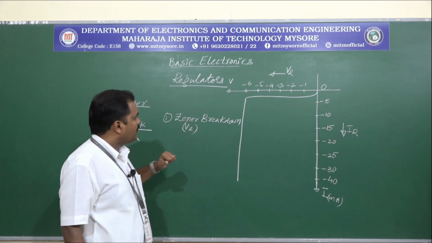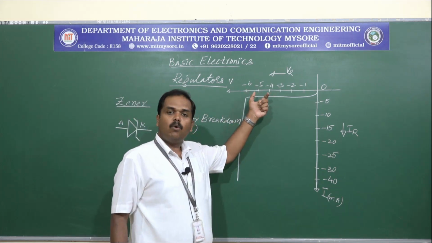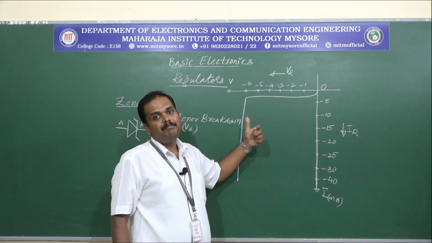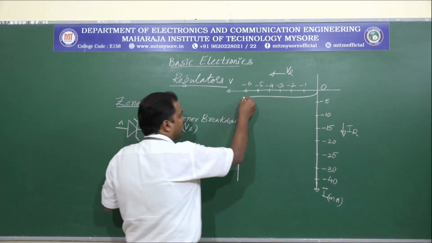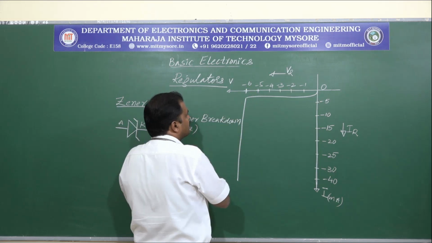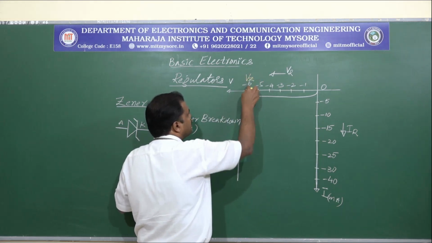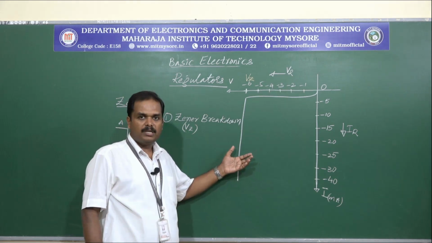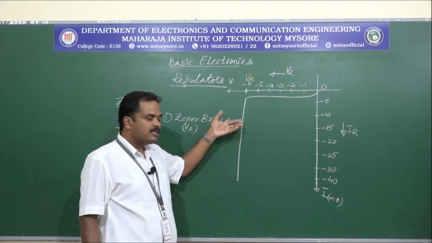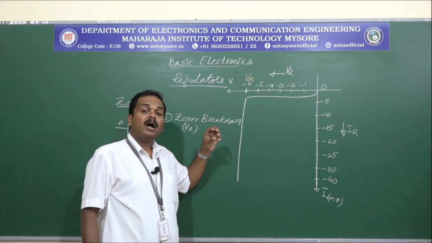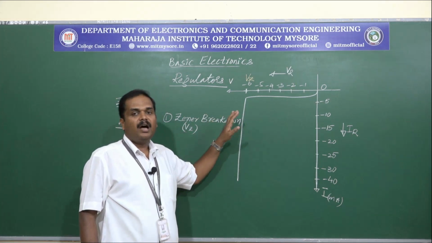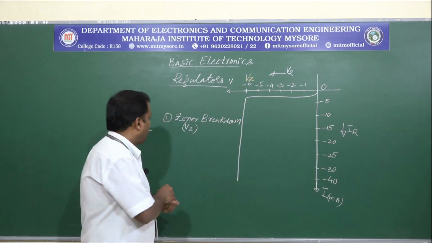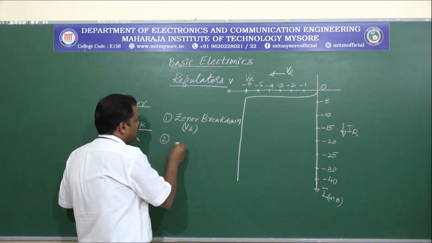Zener breakdown is the reverse voltage at which the Zener diode enters the breakdown region. In this diagram, this point is the Vz point. Minus 6 volts is the Zener breakdown voltage. When the diode enters this breakdown region, a constant voltage is maintained across the diode, which we call the Zener voltage.